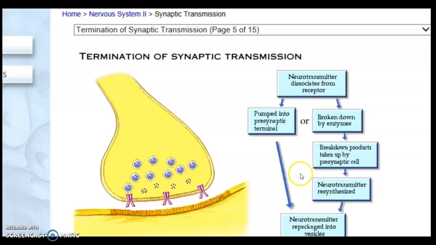But the bottom line is we need to understand there's not just one way that we get the neurotransmitter off of the chemically gated channel and back into the cell. Sometimes it can even be transported to another cell, a glial cell, and then the glial cell transports it back. But here in this picture we do see pumps where we pump it from the chemically gated channels back in and then reform it.